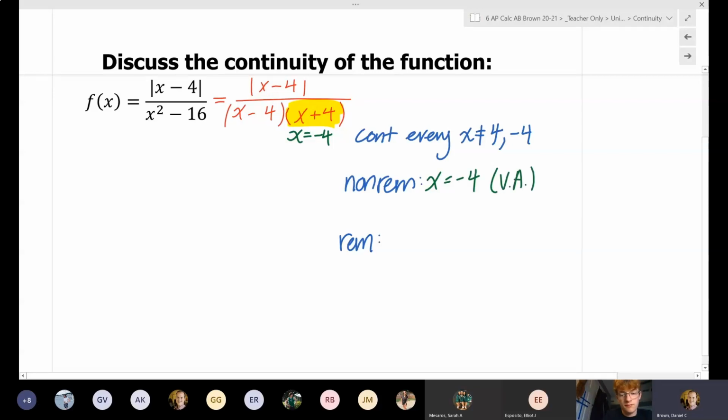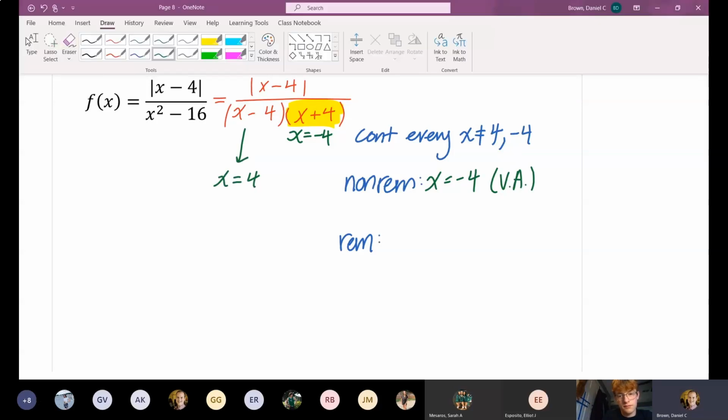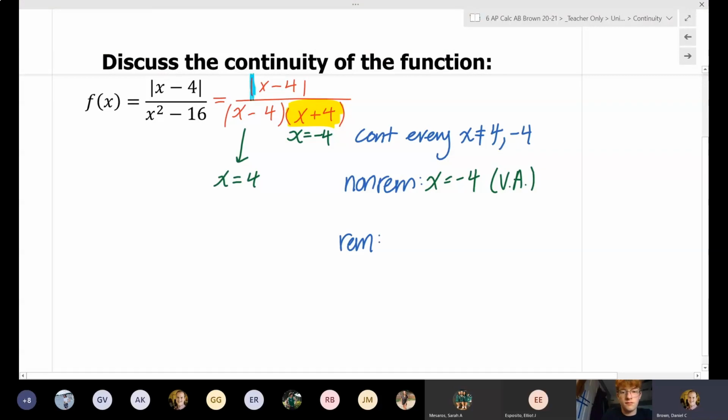So now this other one that does give me x is equal to positive 4, if, and that's a big if, those absolute value bars were not there, that x minus 4 over x minus 4 would cancel, and we would have a hole.